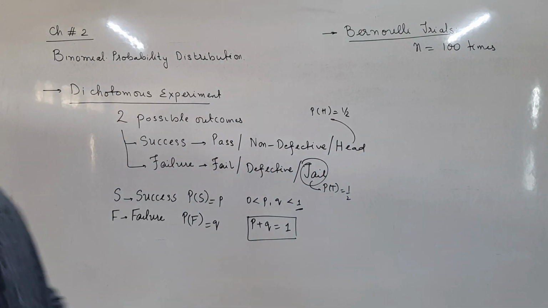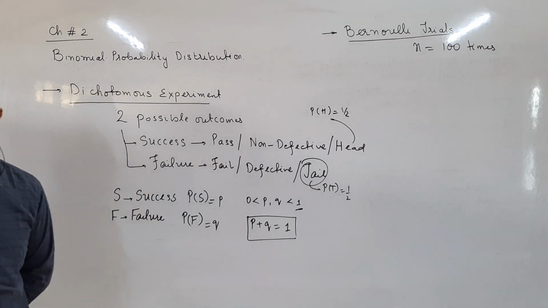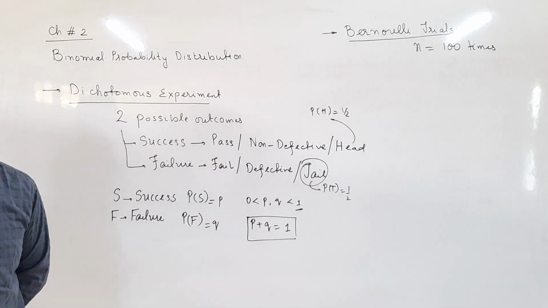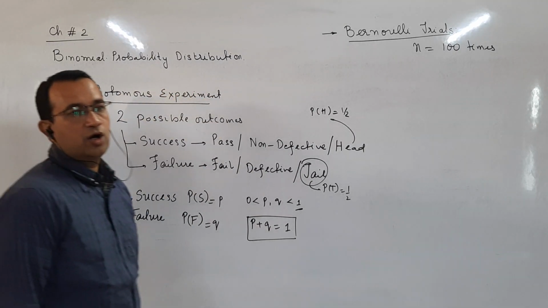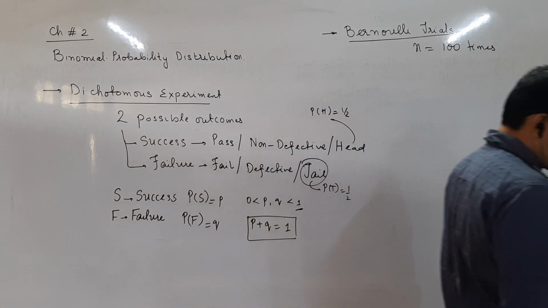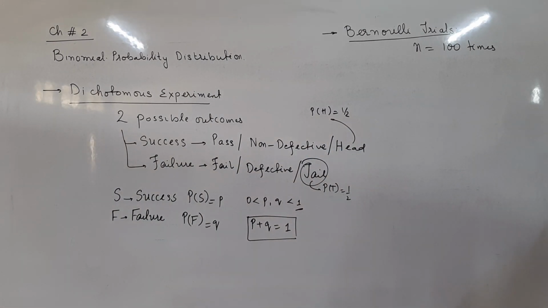If in each trial the probability of success remains same or constant, then students, such trials are called Bernoulli trials. The best example, students, you can say is the dichotomous experiment of tossing a coin, say n equal to 100 times.